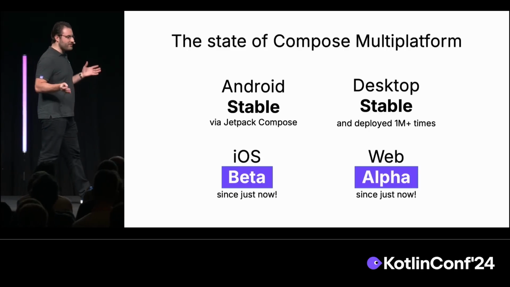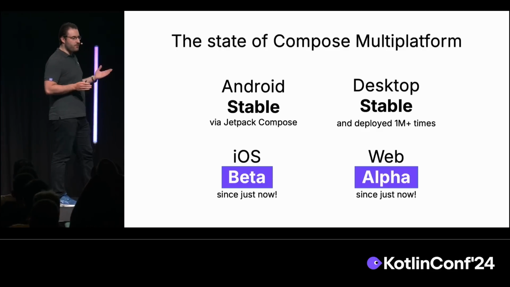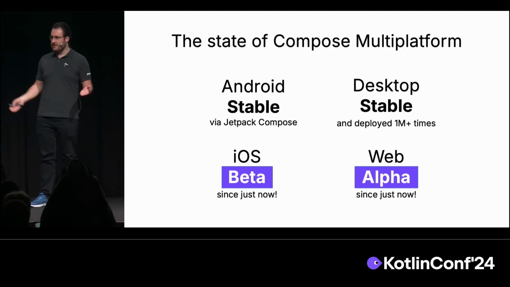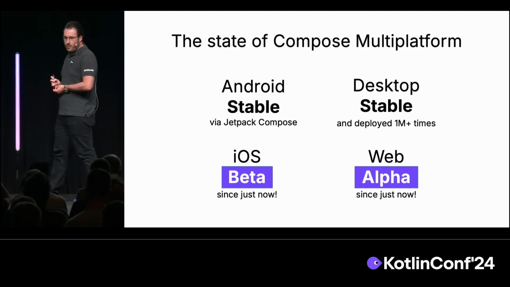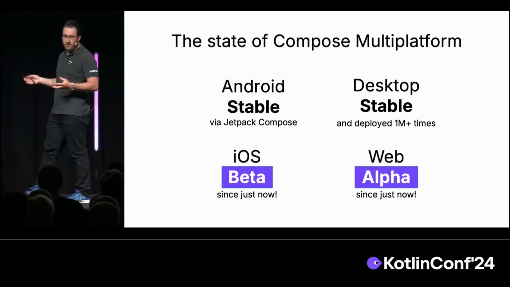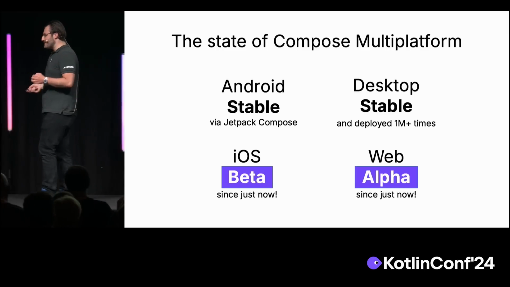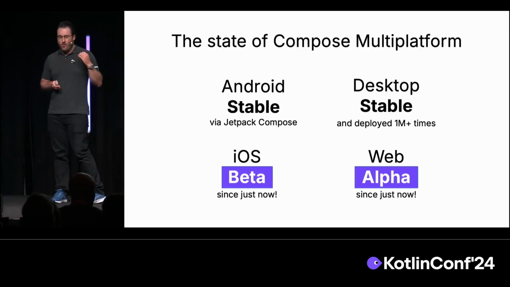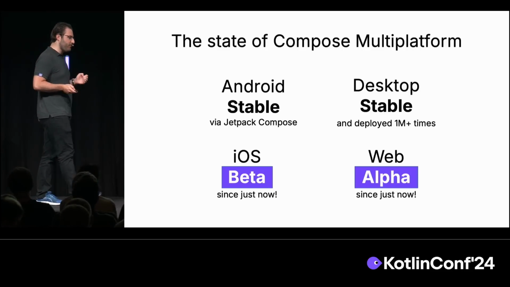And as you saw earlier today, we have promoted the iOS target for Compose Multiplatform to beta since just earlier today, with the Compose Multiplatform 1.6.10 release, and we've promoted the web target to alpha.